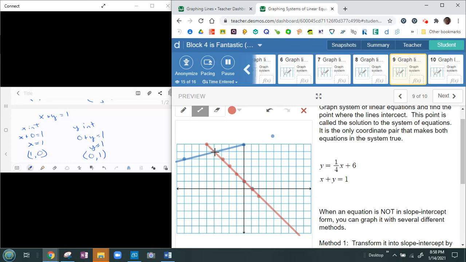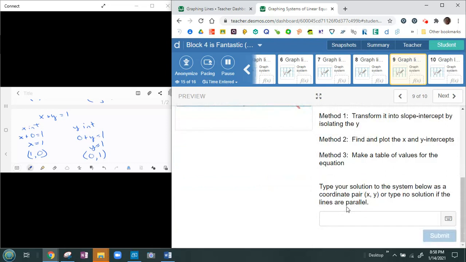And they cross way over here from the origin that is left. You're going to walk left 4 and up 1, 2, 3, 4, 5. All right, so that is going to be (-1, 5).